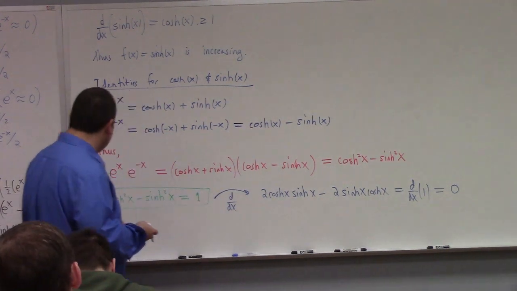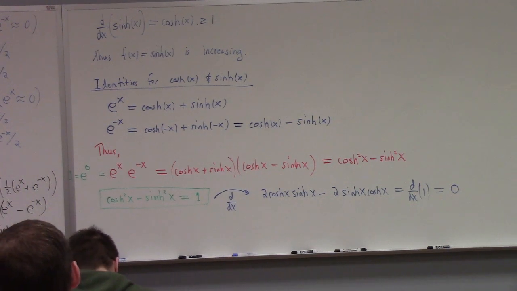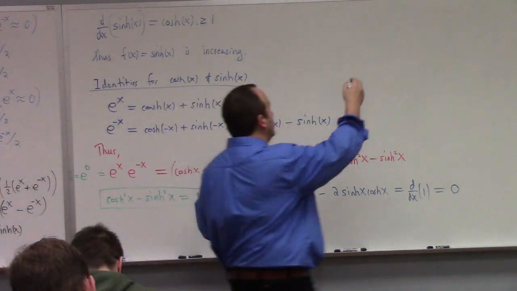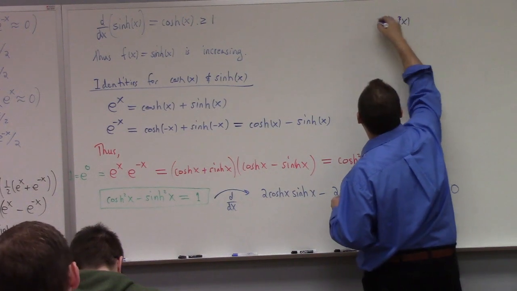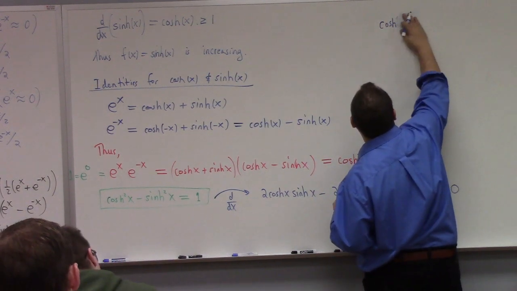All right. So maybe we should try a different approach to find new identities for cosh and sinh. How about if we just look at cosh squared directly? What's cosh squared x going to be equal to? Let's see if we can find an identity for cosh squared.